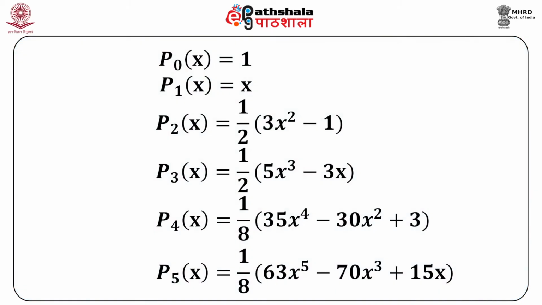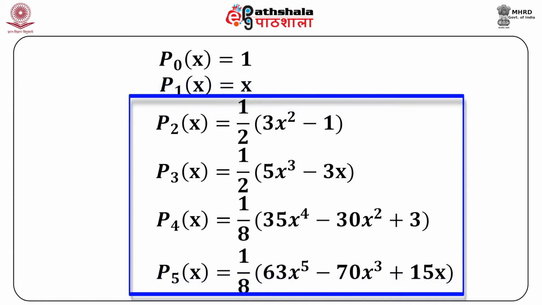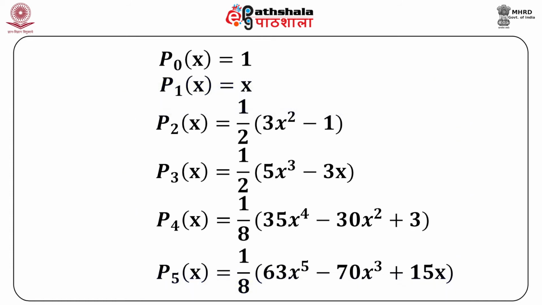Here you can see we have given a table where for different values of L, we have the values of P_L(x). For example, P_0(x) is 1, P_1(x) is x, and so on. These will be used later on while finding the solution for various values of L and m.